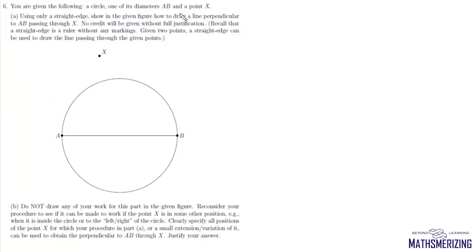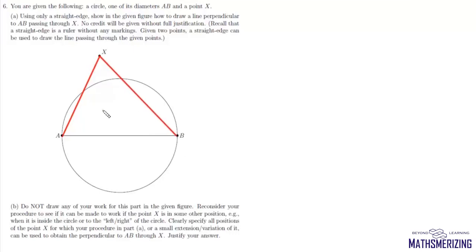Now in question number 6, we are given a circle, one of its diameter AB and a point X. Now first part is, using only a straight edge, we have to show how to draw a line perpendicular to AB and passing through X. Now we complete this triangle AXB.